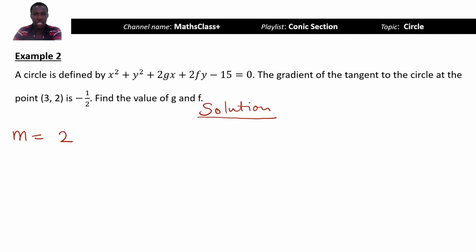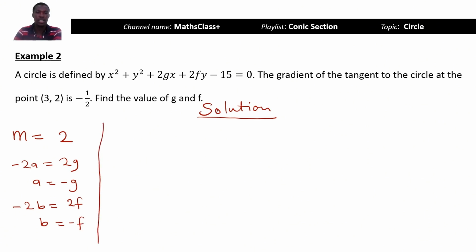From the equation given, -2a is equal to 2g. That means our a is equal to -g. And then -2b is also equal to 2f, which means our b is equal to negative f. This means that the center of the circle is (-g, -f).